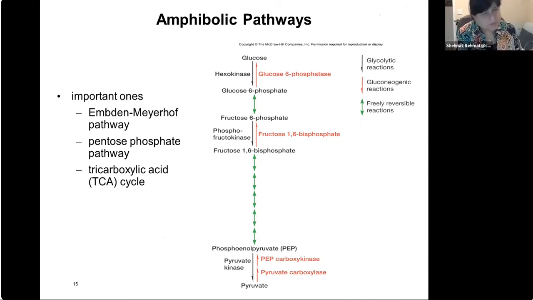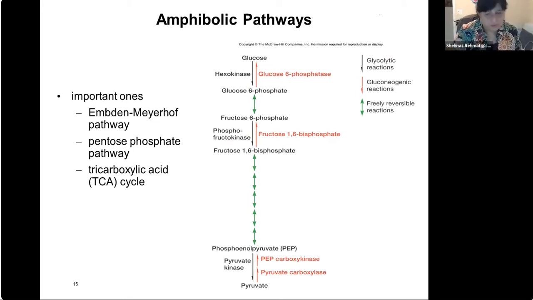Now these pathways could be anabolic or catabolic pathways. If they are both, then they are called amphibolic pathways. So some pathways will act as a catabolic activity, and some will act as anabolic. But some of our pathways that we're going to study today are considered to be amphibolic.